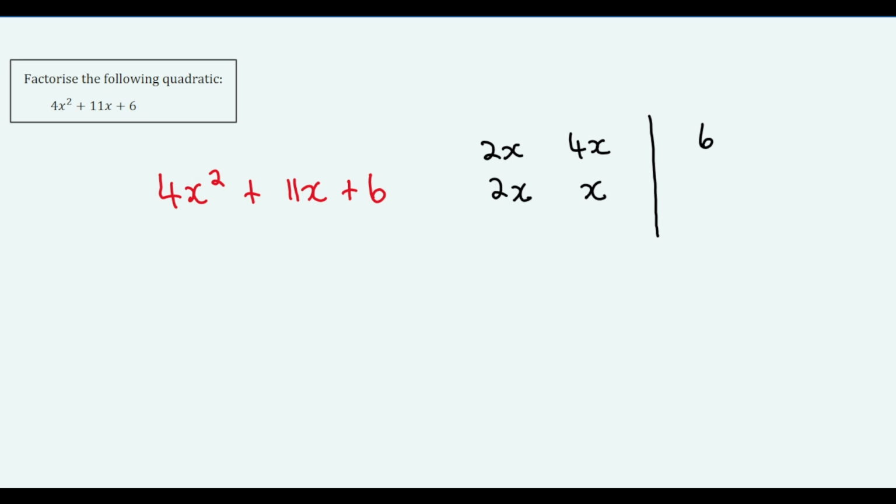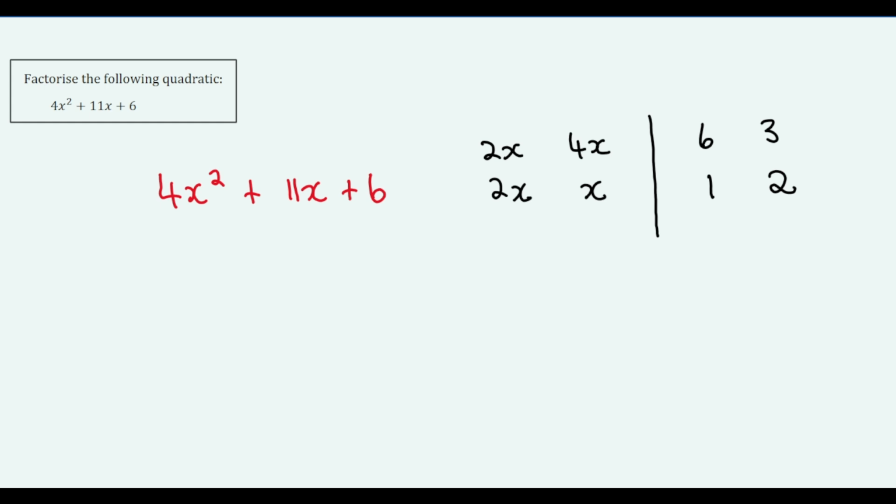6 has 6 and 1 or 3 and 2. Now you need to cross multiply between columns and see, can you get 11x?